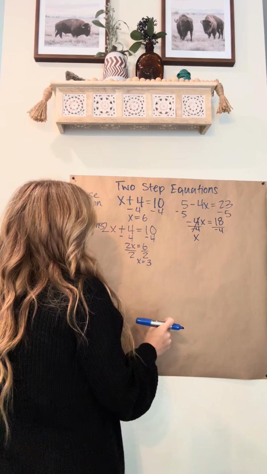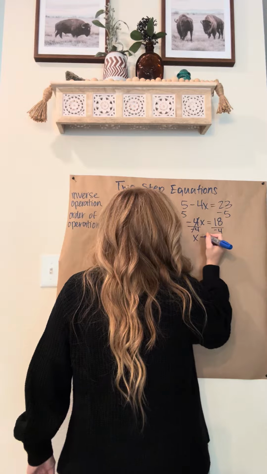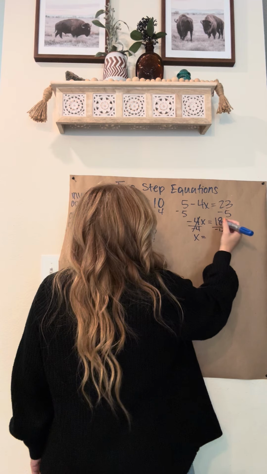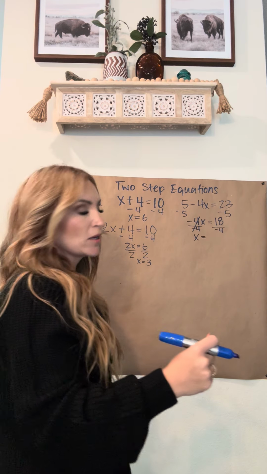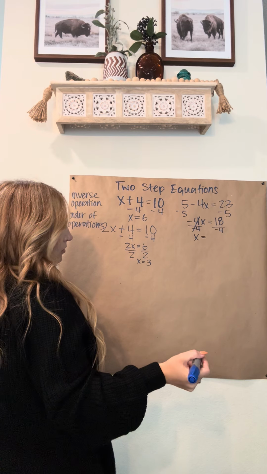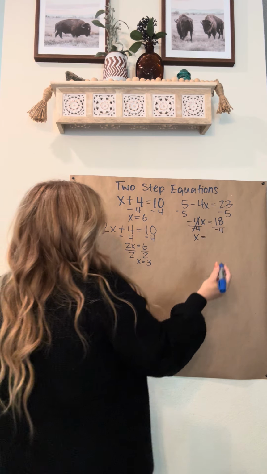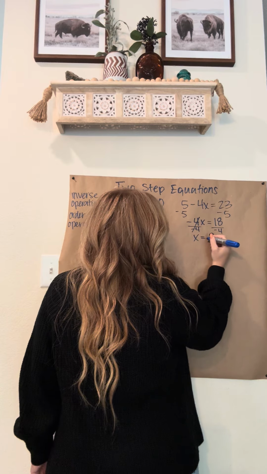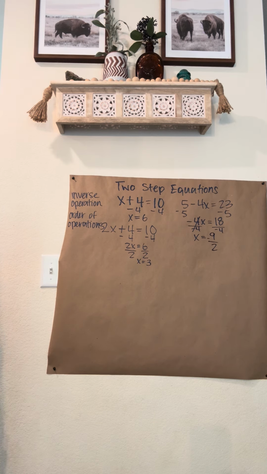So we are just going to get it as small as we can, right? So 2 goes into both of those. So 2, 9, 2. Negative 9 over 2.